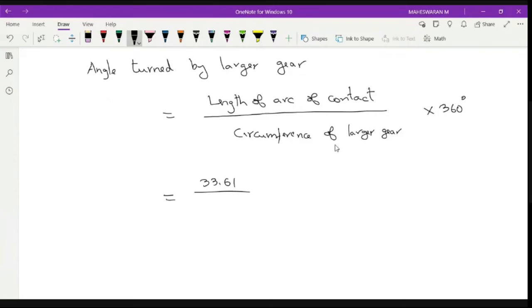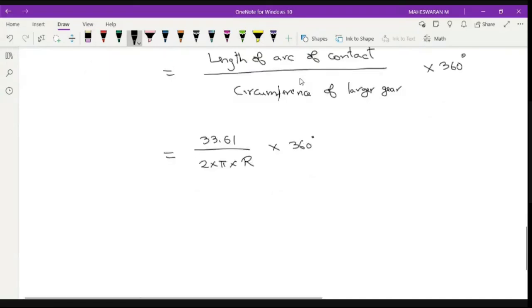Sorry, by the circumference. What is the circumference? 2 pi r, right? So we are concentrating on the larger gear, so 2 into pi into capital R, into 360. Because the larger gear is capital R, right?